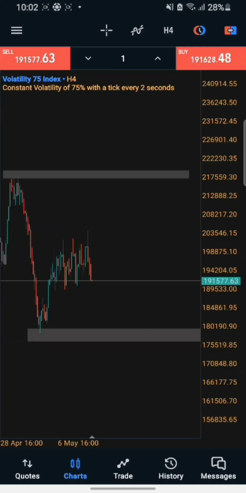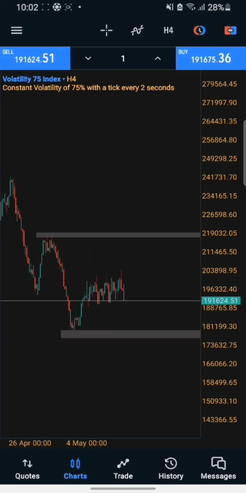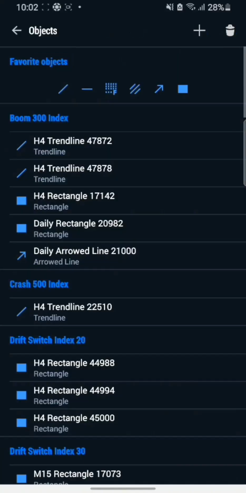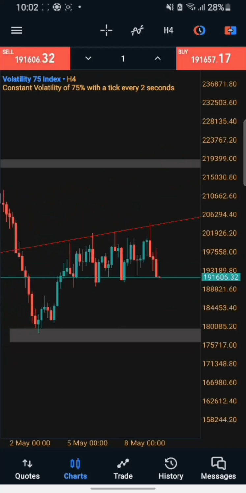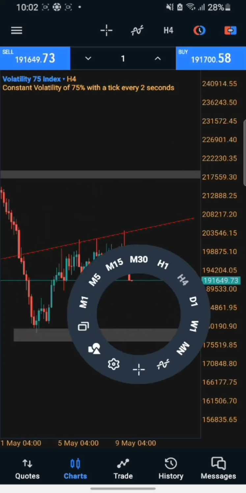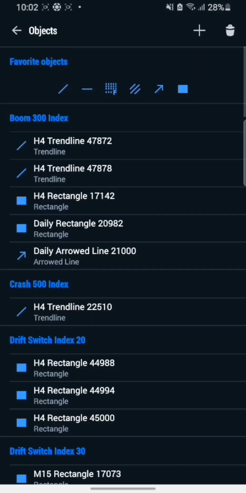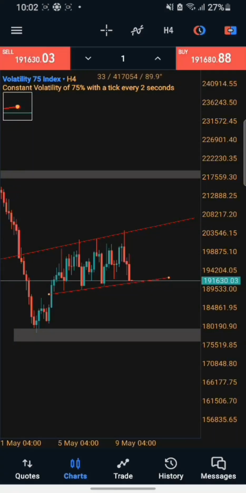So this Volatility 75, there was sort of a rising wedge. So before we identify that rising wedge, let's identify the areas of support and the areas of resistance. These are very important, even though they may not aid in your trading, but they are very important to note.